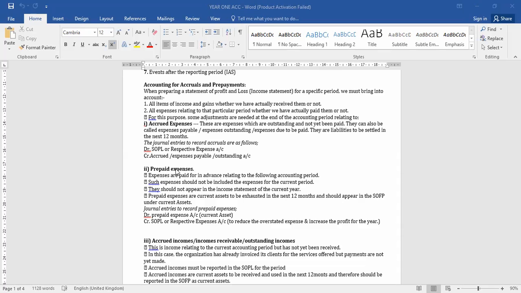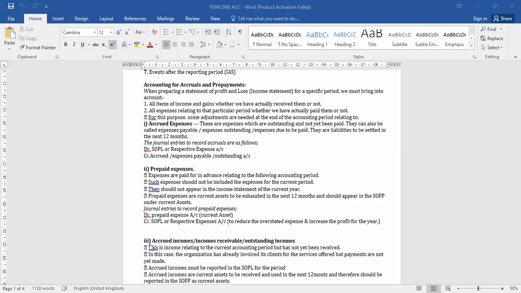Remember, under current assets, we have got stock, closing stock, the debtors, and even the prepayments. Now the prepayments come in here, like salary prepaid, rent prepaid, etc. Their journal entries could be: debit prepaid expense account, the current asset, and credit the respective expense account.